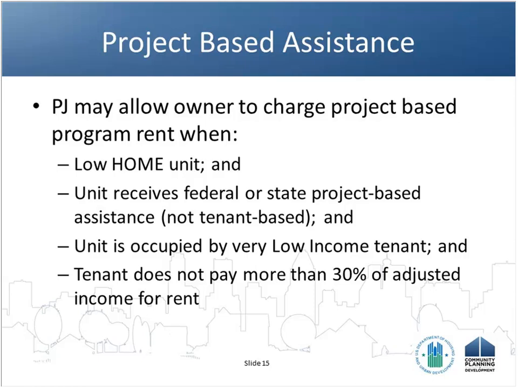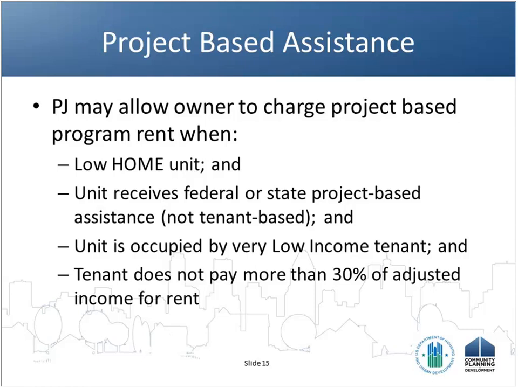So in a case where we have project-based subsidy in combination with one of our low HOME units, not our high HOME units, and this unit is going to receive project-based subsidy, federal or state. This is not covering our HOME tenant-based subsidy.